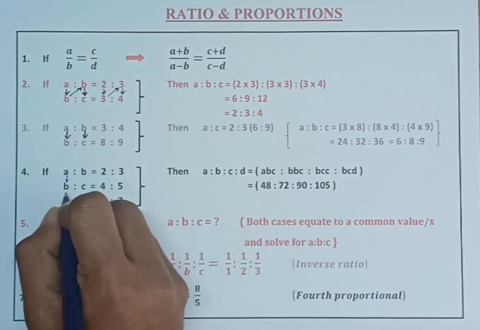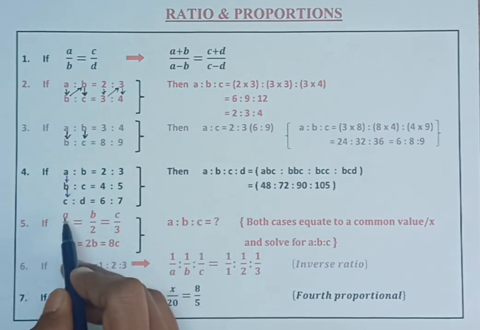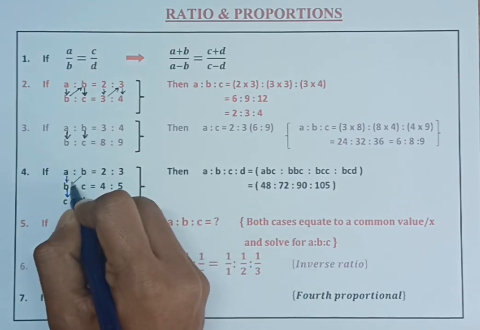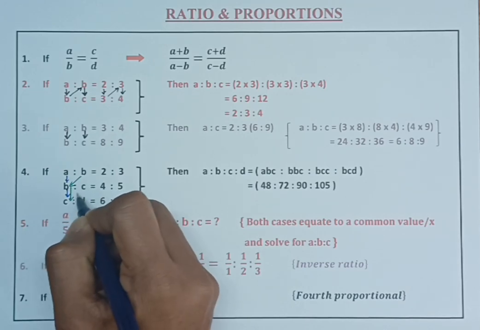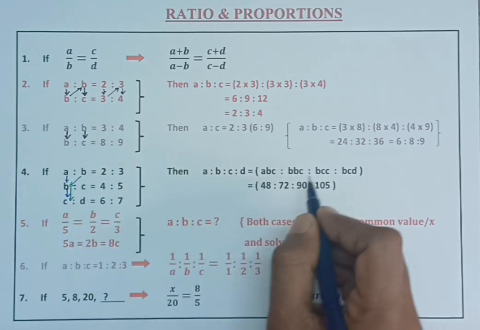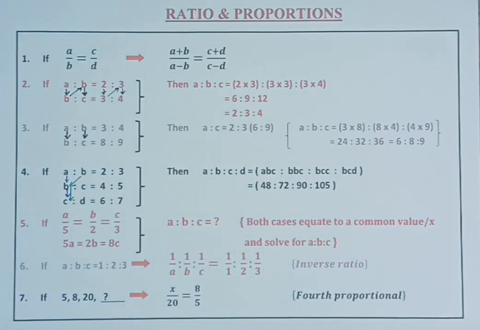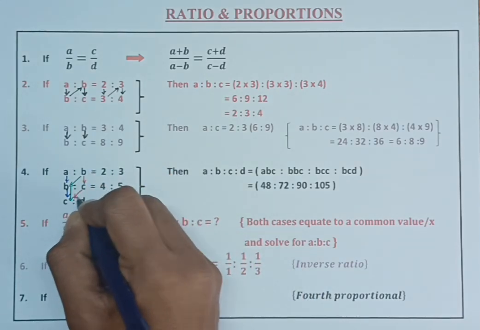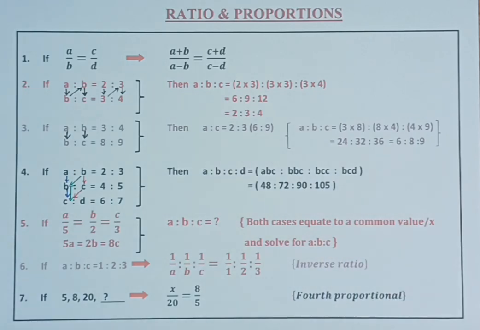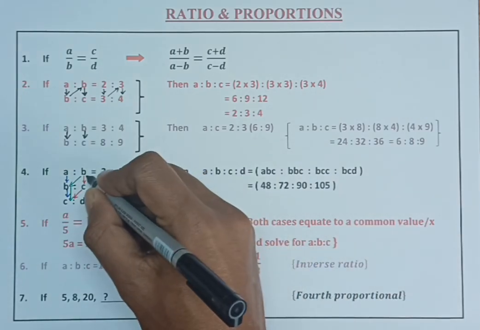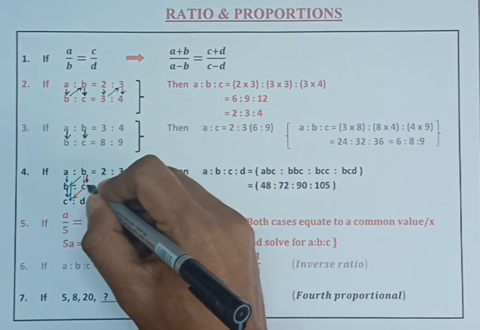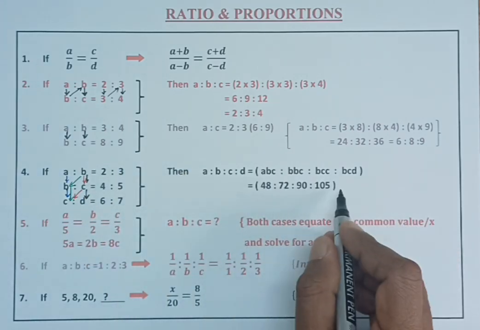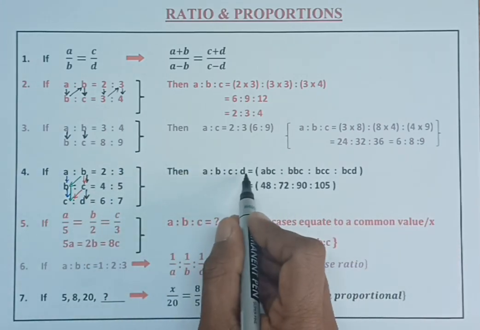First, we do the multiplication like this: A, B, C. Second is the multiplication like this: B, B, C. Third is B, C, C. And fourth is the multiplication B into C into D. And the ratio will be the ratio of A, B, C and D.